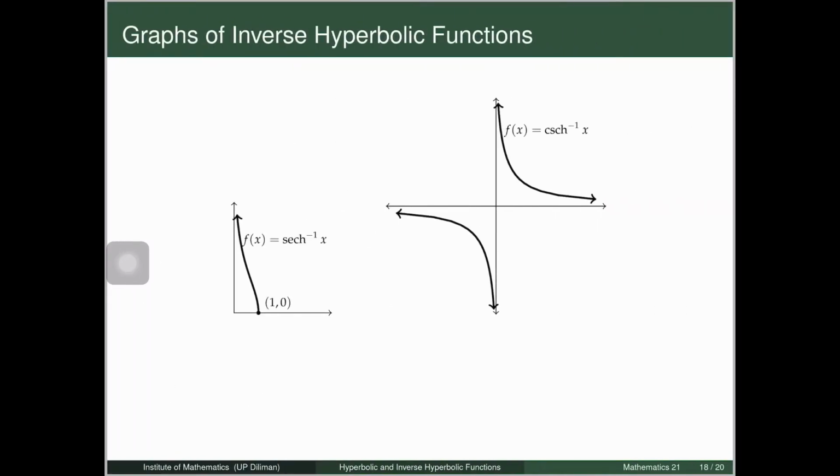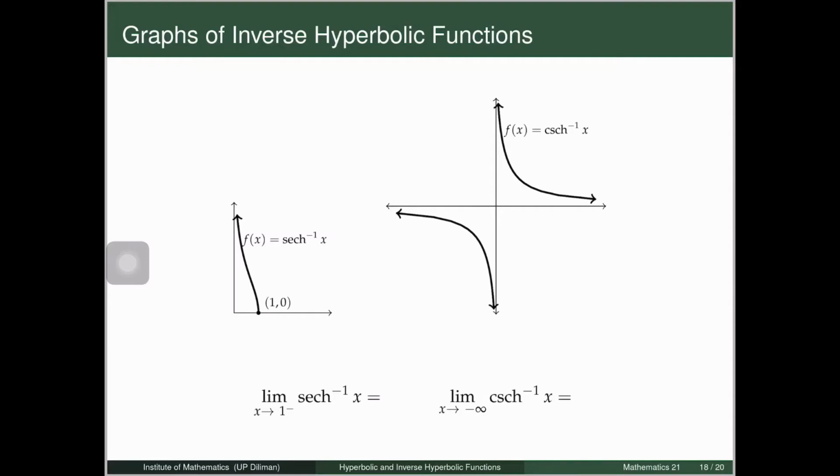So dito tayo kay sech inverse x at saka csch inverse x. So the limit of sech inverse x as x approaches 1 from the left at ang limit ng csch inverse x as x approaches negative infinity, meron kaya silang pagkakaparehas. So kay sech inverse, punta ka kay 1 from the left.